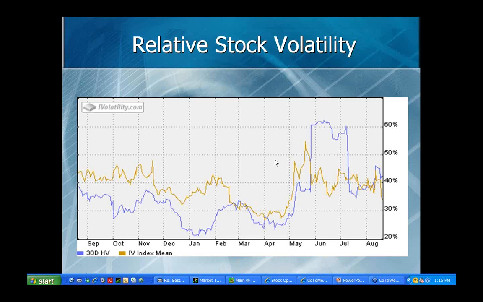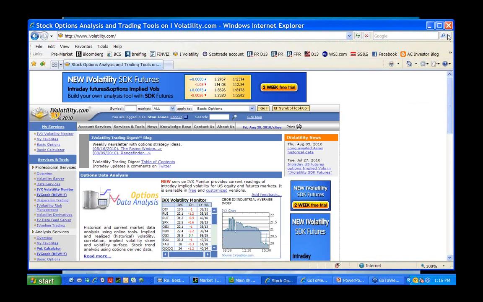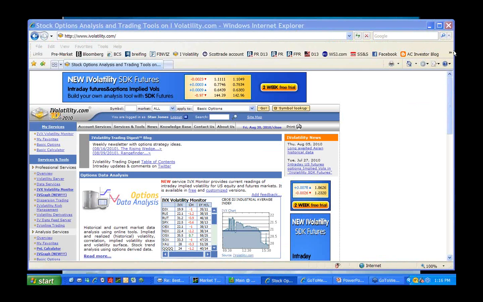But I was going to show you, if you want to pull up these charts, you don't have to pay to get on this site and look at these basic charts. You can sign up and pay a subscription if you want to get into really detailed information. But I got that chart off of here, iVolatility.